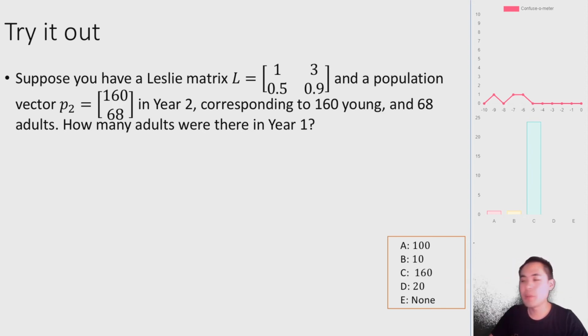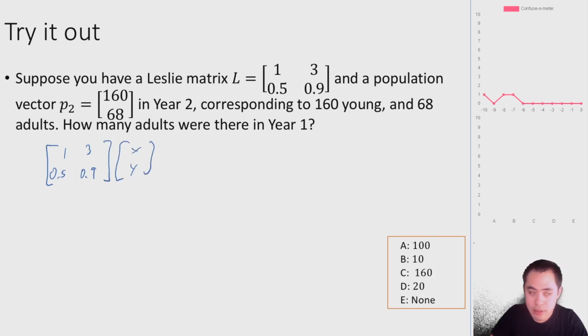Okay, so let me just go ahead and set up the problem. I know you guys are probably still working through the math right now. Oh, let me reset the polling. And so if you write this out, what you're going to get is the matrix 1, 3, 0.5, 0.9 times x, y is equal to 160 and 68.